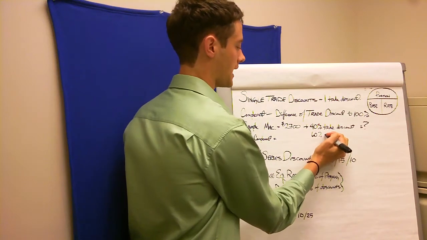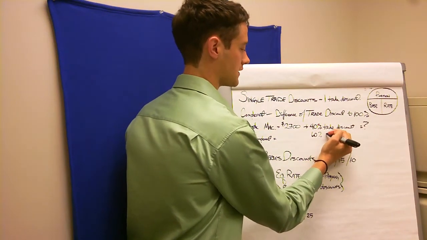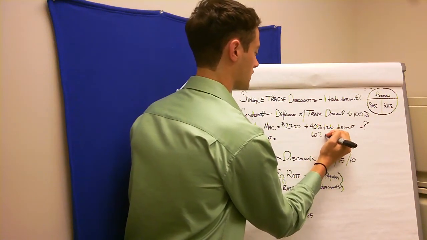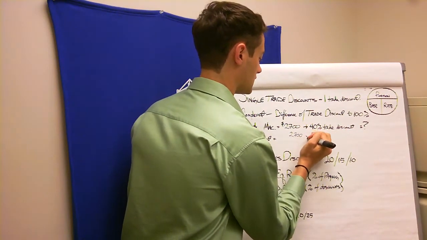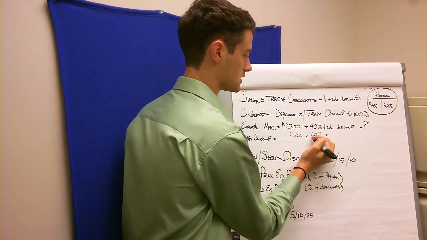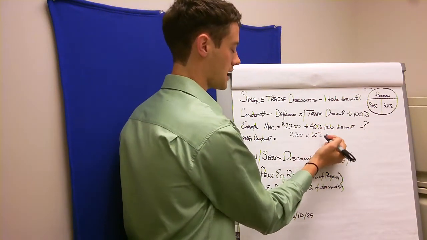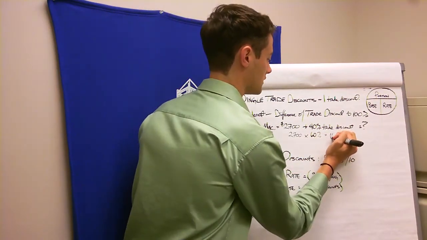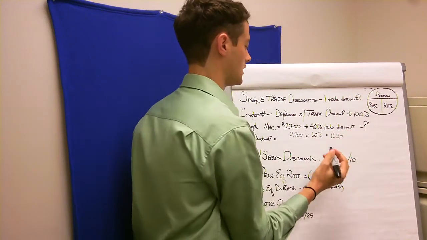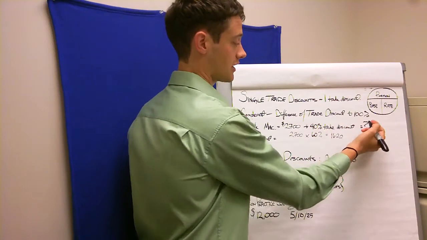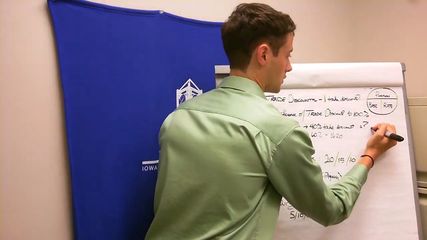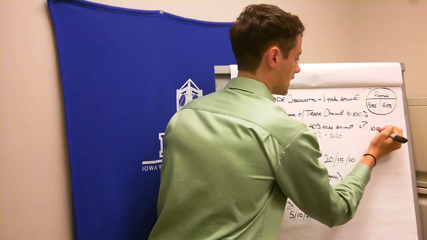And this is what I'm paying of the actual price of the item. So if I wanted to do it this way, I'd go 2,700 times 60%, which is the price of the item, how much we're actually paying, which is 1,620. But if I did the math for 27 times 40% trade discount, I'm figuring out the amount of the trade discount, which is going to be $1,080.